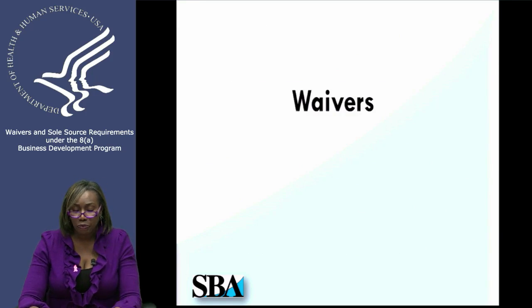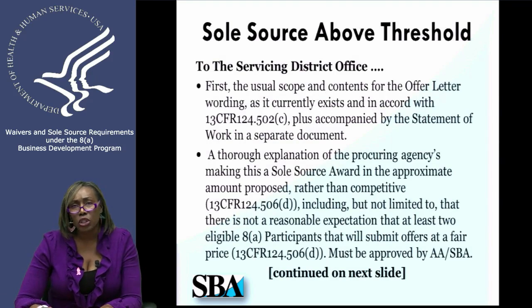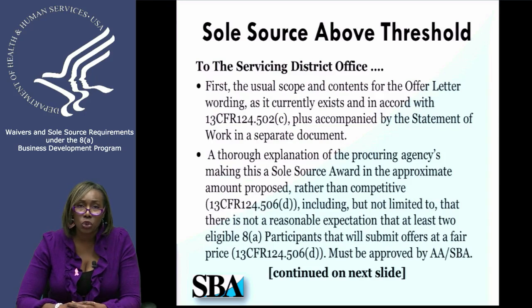Waivers. Sole source above the threshold. What I've done is I've listed some things that we need and what we look at when you want to sole source a requirement above the $4 million threshold. You must get an 8A waiver to do so, and that will be approved by the Associate Administrator at the Small Business Administration headquarters.